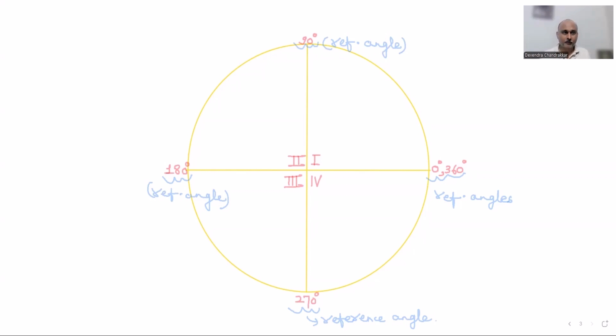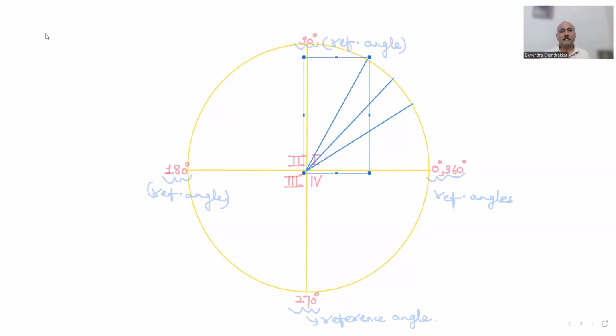Yes, sir. Good. So now once we are aware about reference angles, we now have standard angles. Why standard angles? Because these are the angles across which our entire trigonometry revolves. Okay.